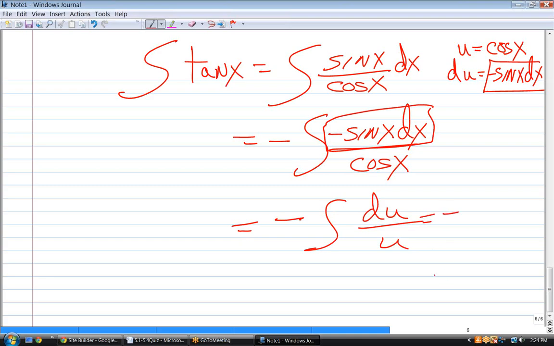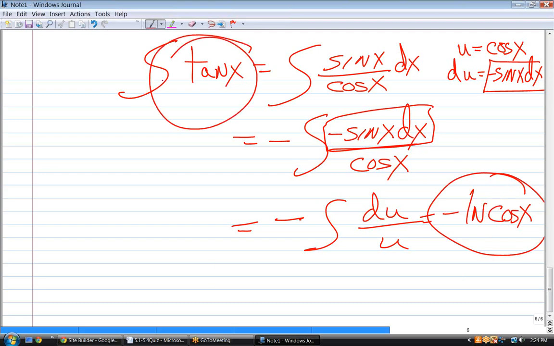Well, we know what that is. What is that? Du over u is the natural log of u, or the negative natural log of u. The negative natural log of cosine x when I go back and substitute. So I know that the integral of the tangent is this.